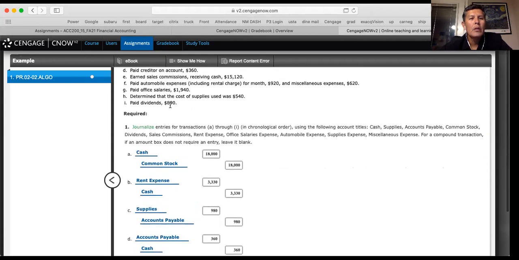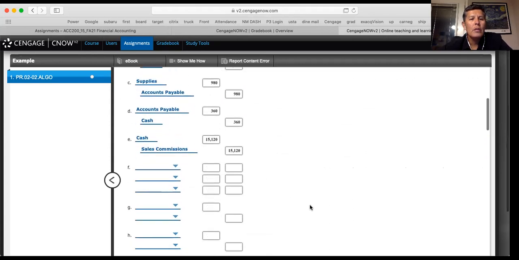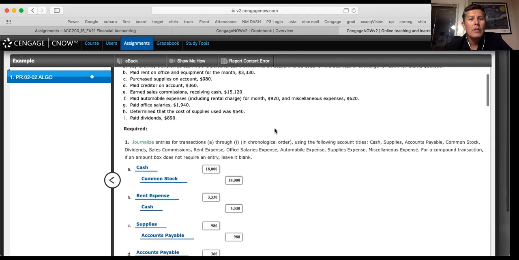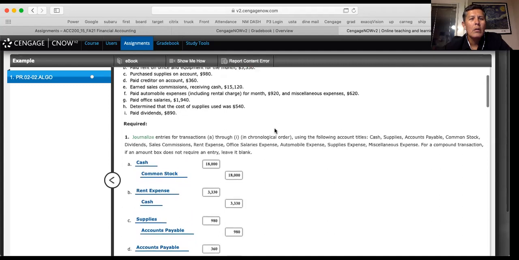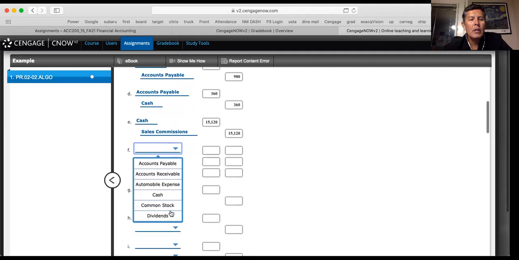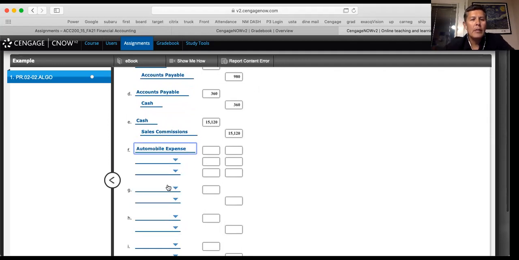Okay, now F says paid automobile expense including rent charge for month 920 and miscellaneous expense 620. So let's see. What did it say again? Automobile expense. So anytime it says expense, that kind of tells you that's going to go to the income statement.